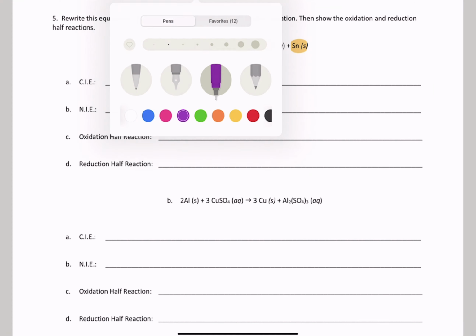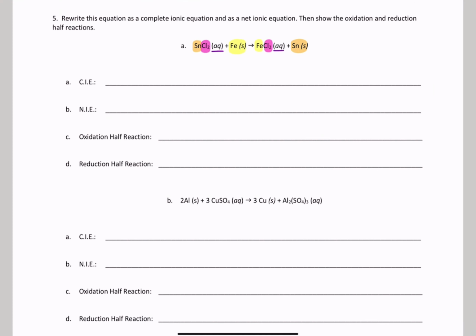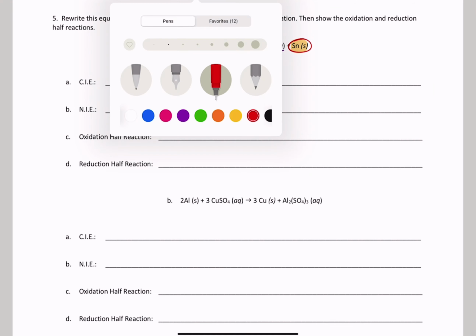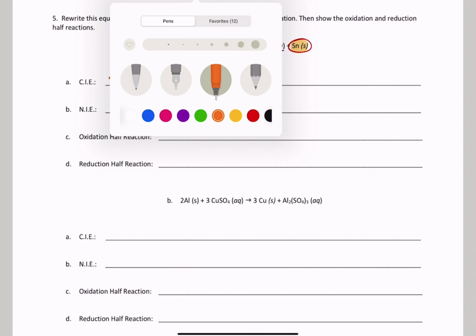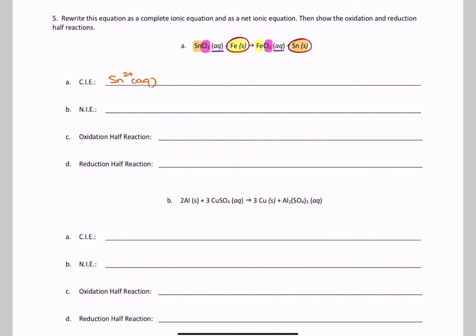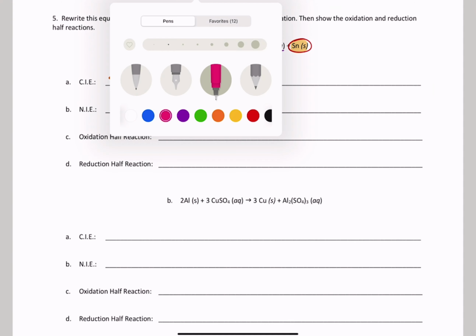Still the same, anything in the aqueous state will dissociate. Anything in the solid, gas, or liquid state will remain the same. Therefore, we're going to form Sn2+ aqueous, dissociation of tin(II) chloride, and 2 Cl-, since there's a 2 here.